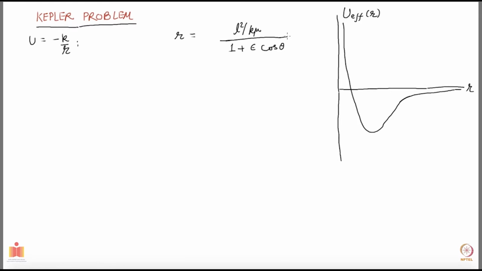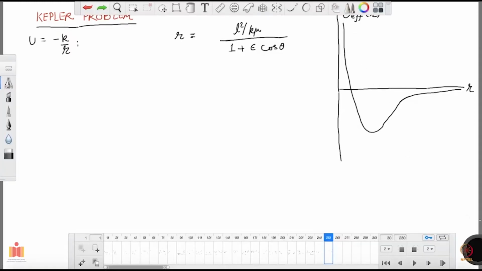I have here on the right hand side the graph of U effective versus r. We have already discussed that the solutions which we have found provide the following orbits for the problem.